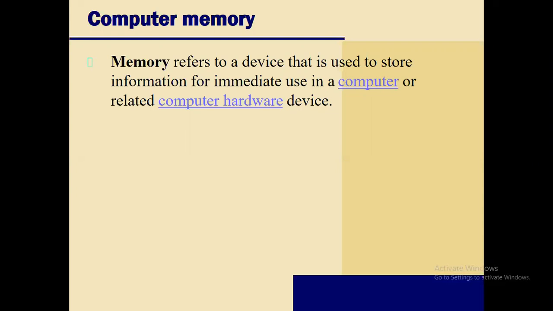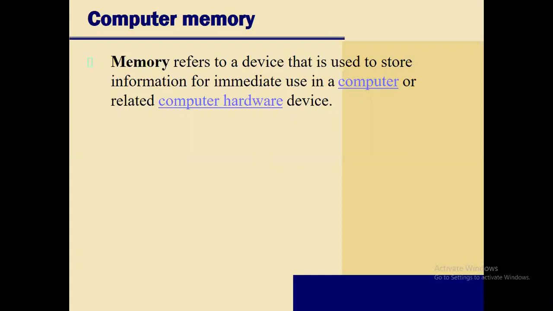Memory refers to a device that is used to store information for immediate use in a computer or related computer hardware devices. So when some instructions are executed, the CPU is accessing the memory.